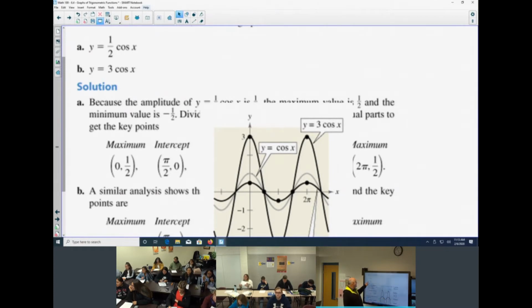Or for the second one where there's a 3 in front, you draw the same cosine graph, but instead of starting at 1, you start at 3 and go down to negative 3 and then back up to 3. So it still has the period of 2 pi, but it's just a bigger wave.